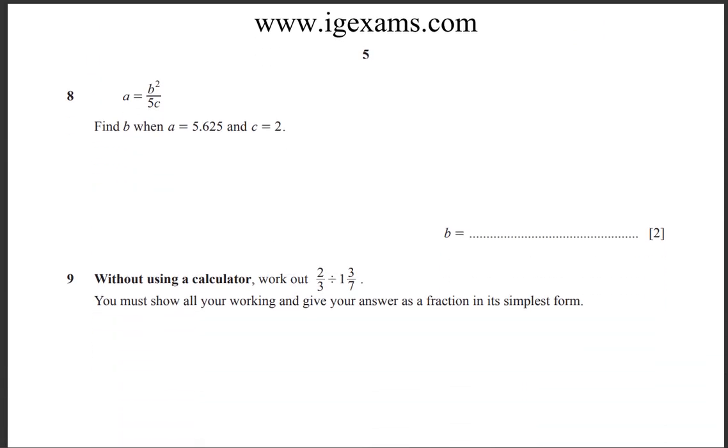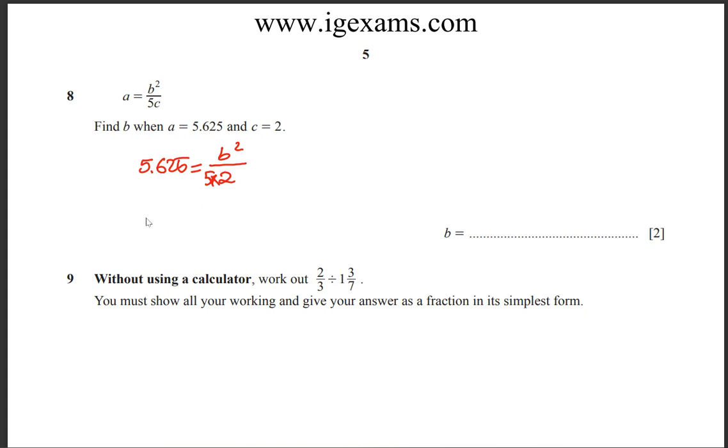Find B when A equals this and C equals this. All I have to do is substitute. B squared equals this over 2. So this 2 will be 5 times 2.